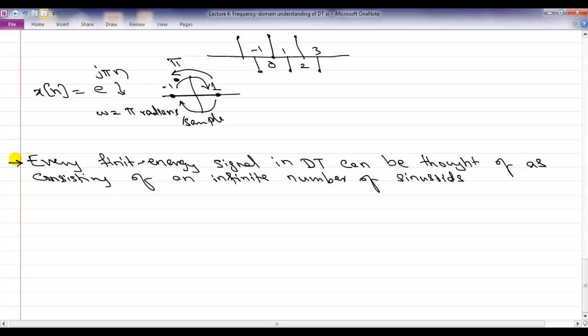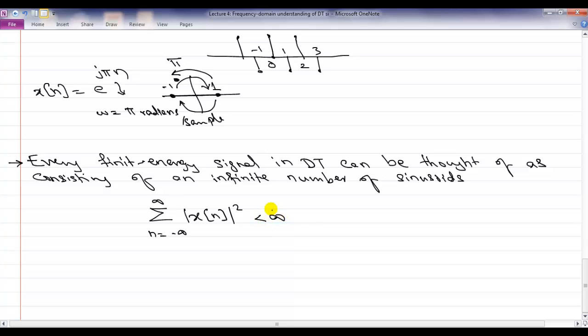So, this condition is exactly the same as the continuous time. The notion of finite energy is different. In continuous time, the notion of finite energy was that you take the integral of the absolute value squared and it is finite. In discrete world, what we want is that if I am given a sequence, then the sum of the absolute value of x[n] squared, n from minus infinity to infinity, is less than infinity.